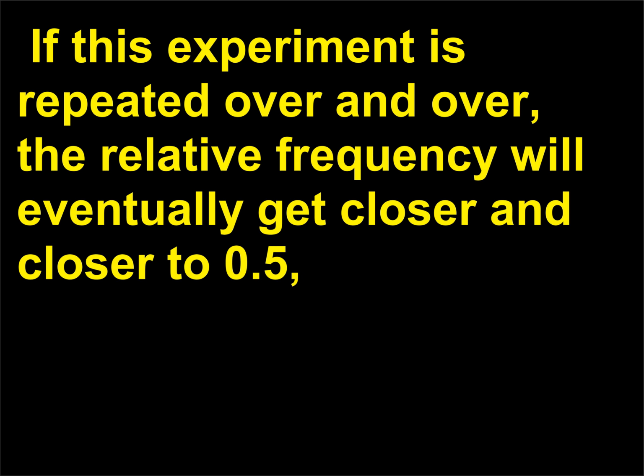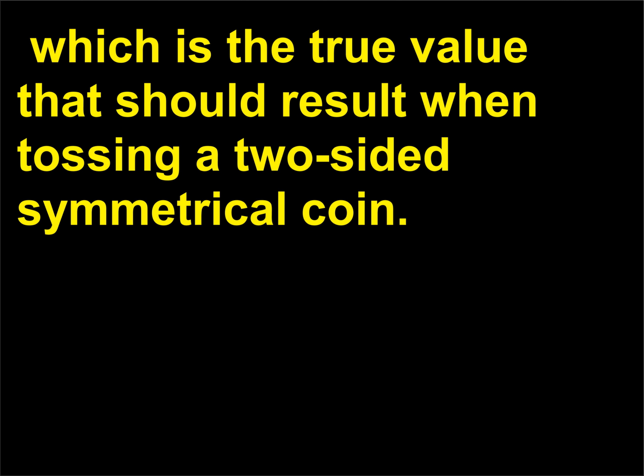If this experiment is repeated over and over, the relative frequency will eventually get closer and closer to 0.5, which is the true value that should result when tossing a two-sided symmetrical coin.